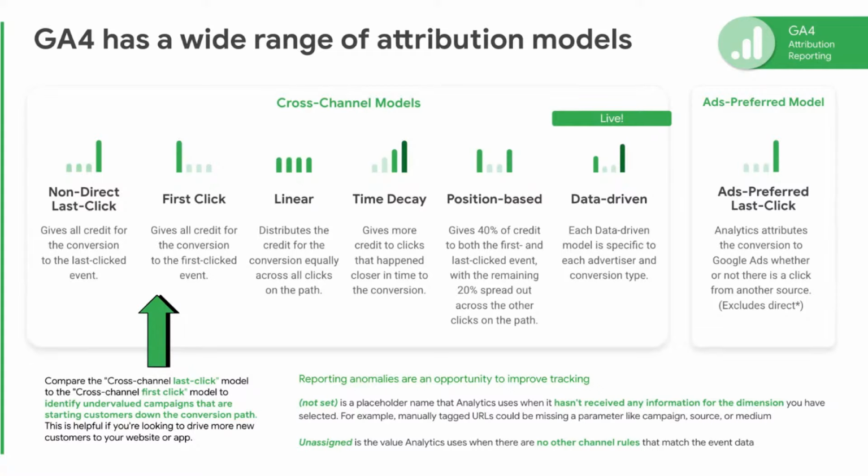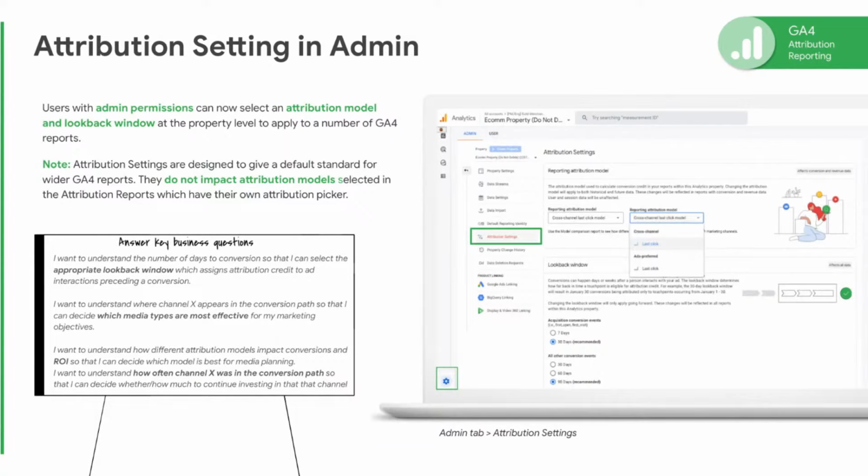If we go to the next slide. So this is a new, and this actually is attribution settings in your admin in Google Analytics 4. So this is a property level setting that allows you to select an attribution model that applies to several GA4 reports.